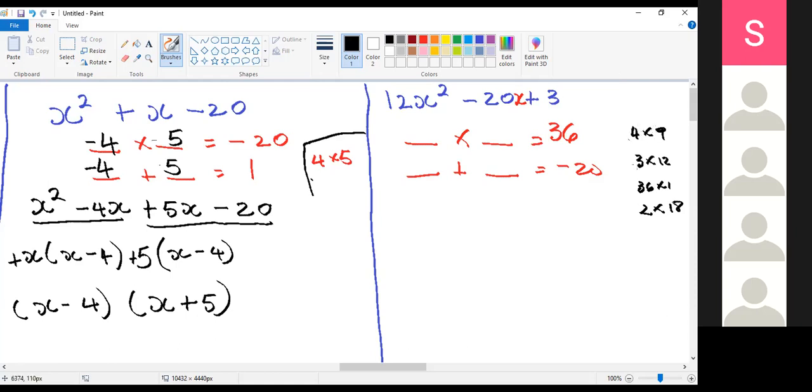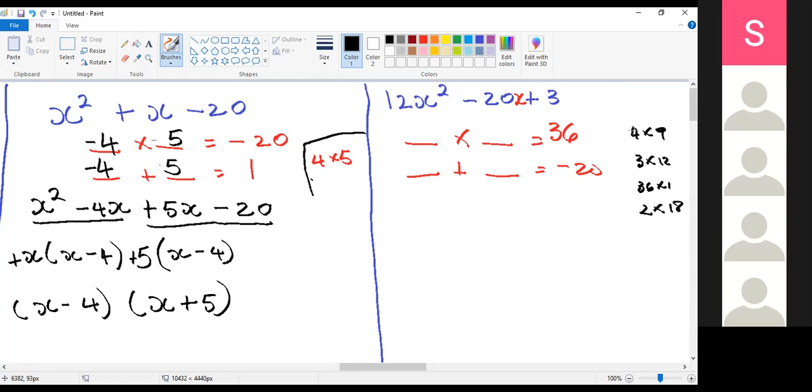You have 12x squared minus 20x plus 3. So you get the 36 there.